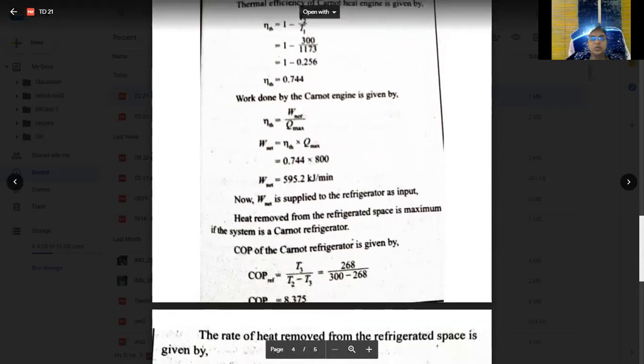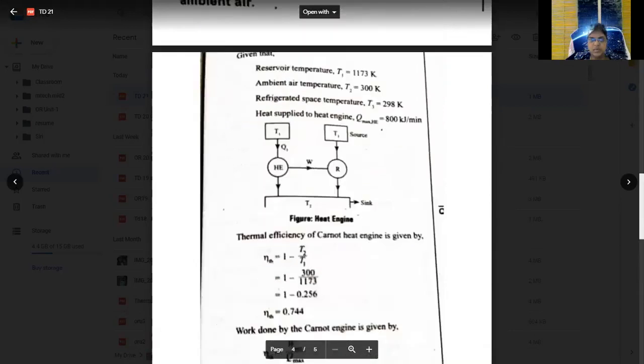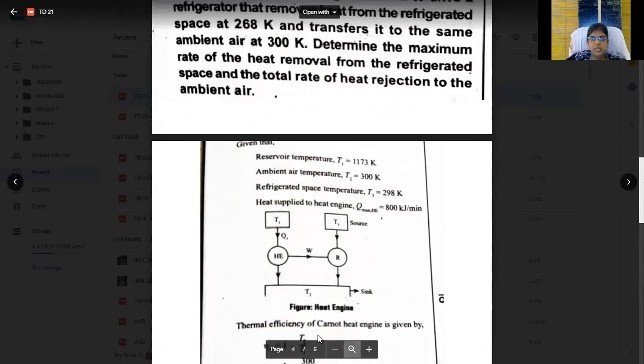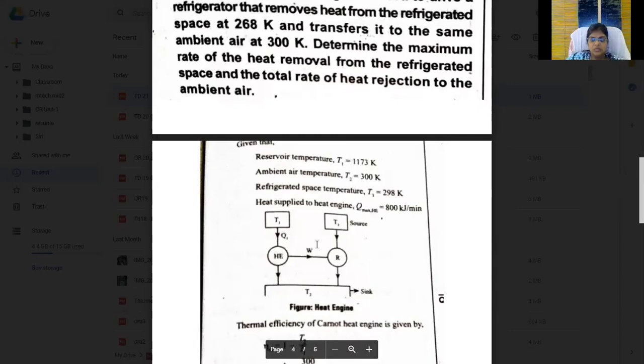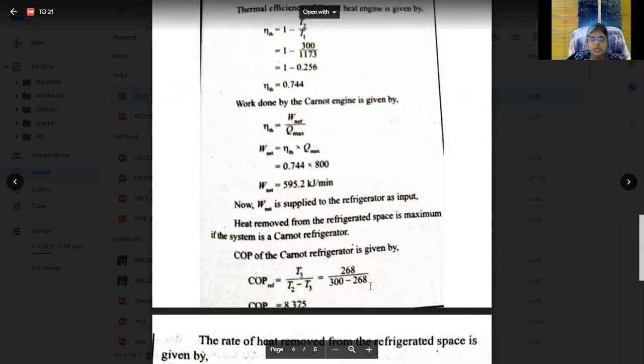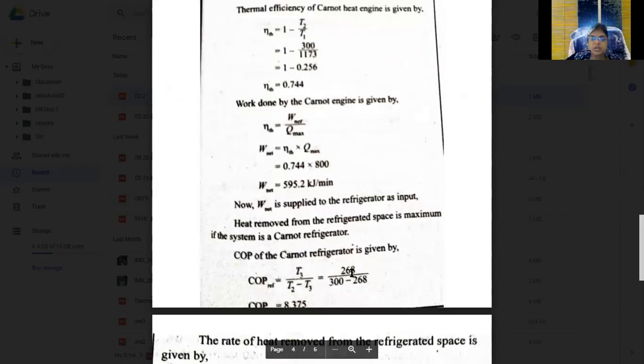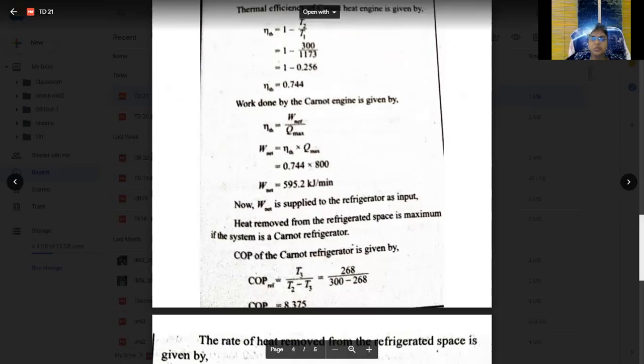So COP is T3 by T2 minus T3, and we place the values, 268 by 300 minus 268, to find the COP.